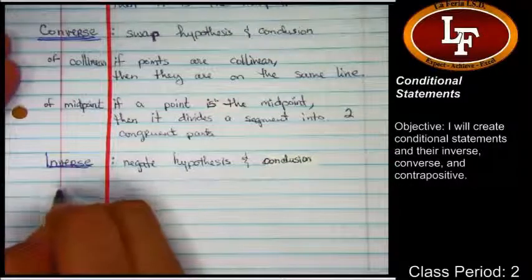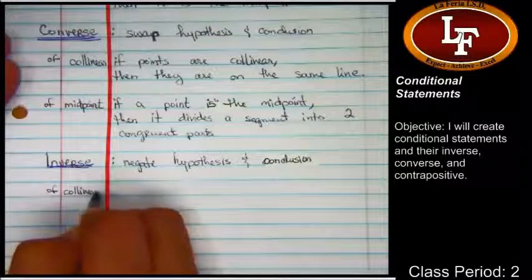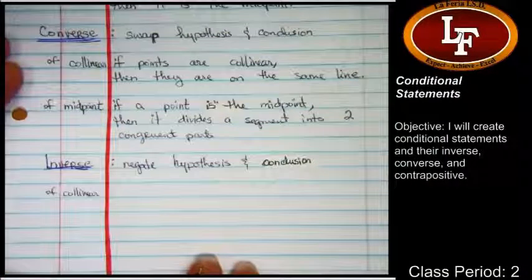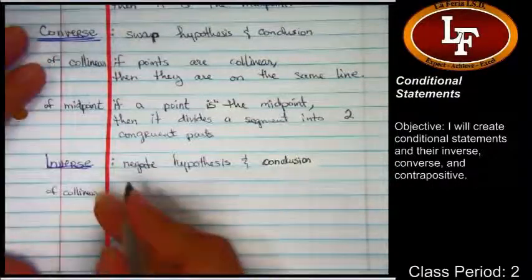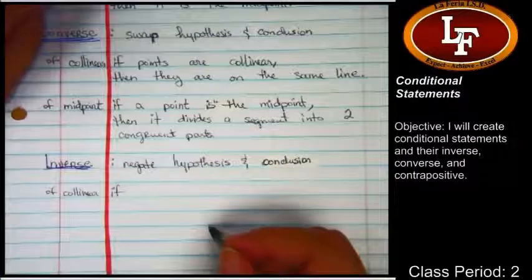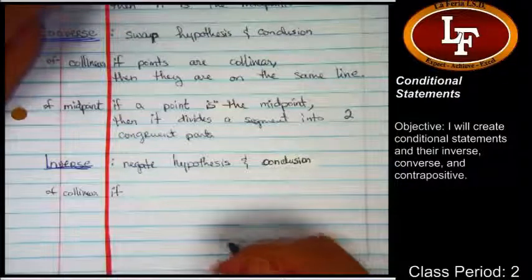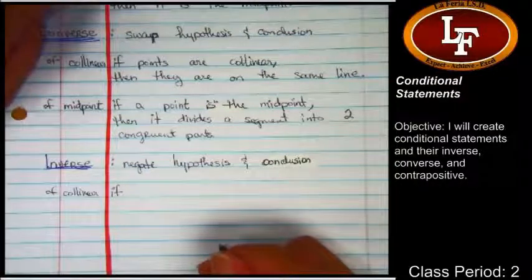So what would be the inverse of collinear? We go to our original statement, we don't go to the converse. You go back all the way up to the very top of the page to that original. If the original hypothesis were points are on the same line, then what would be the negation?